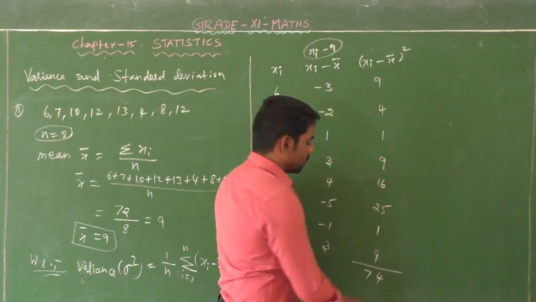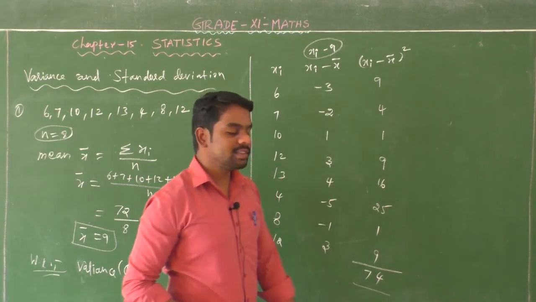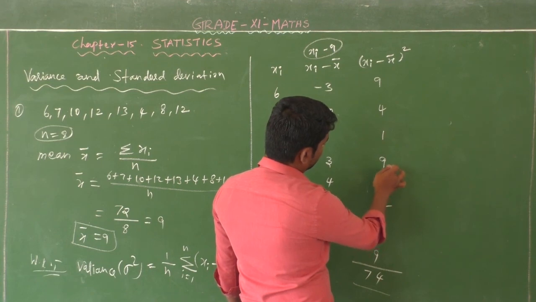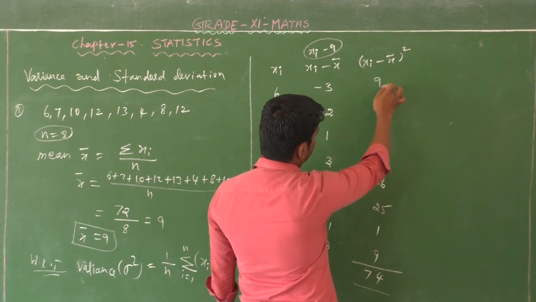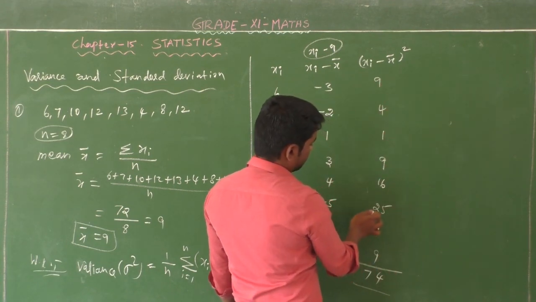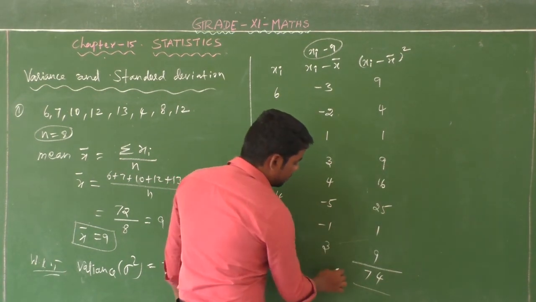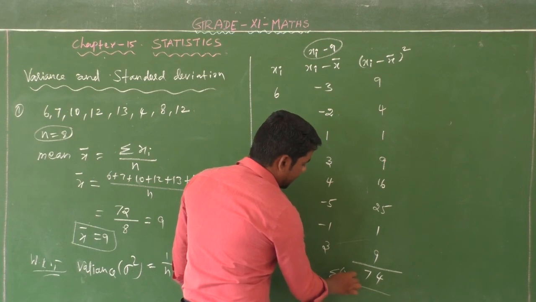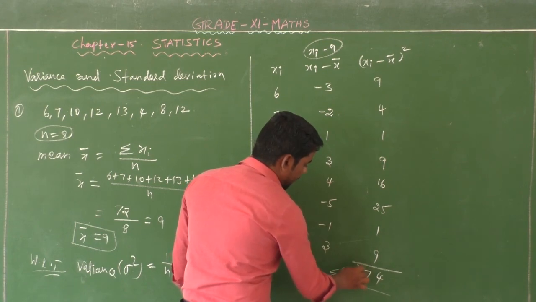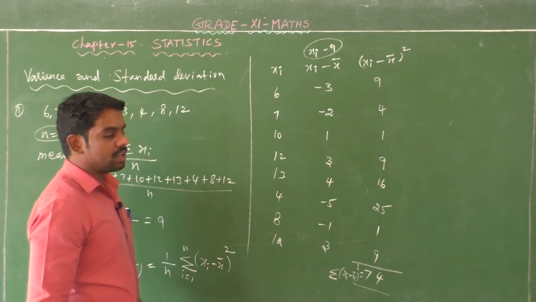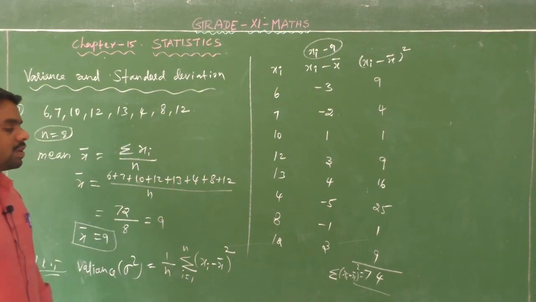So 74. The summation of xi minus x bar the whole square is equal to 74.